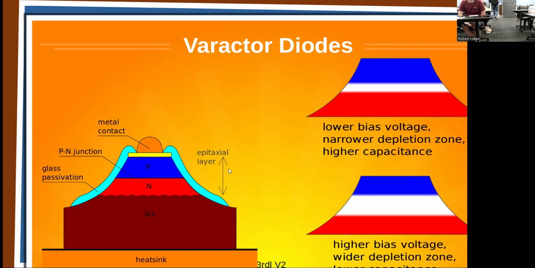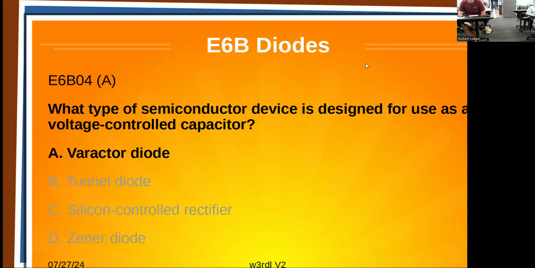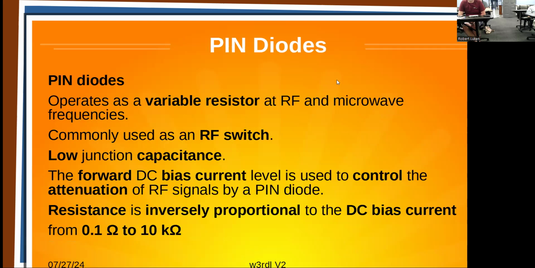So you can have a larger change in capacitance than on a normal diode. But you can use a normal diode in reverse and get some variable capacity. So what type of semiconductor device is designed for use as a voltage controlled capacitor? That was kind of easy, wasn't it? Some of them are easy.